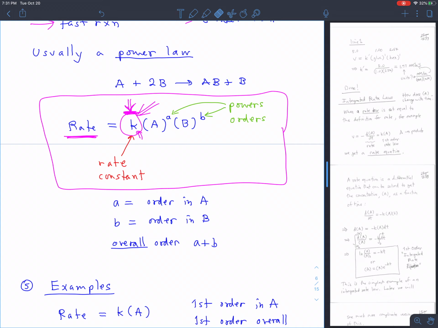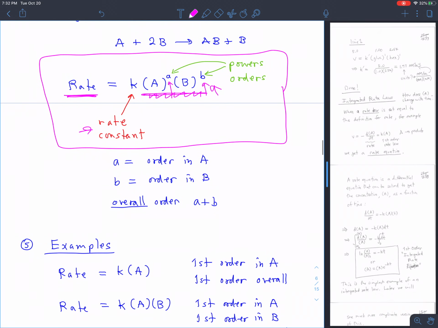But the idea is that everything that's involved, and it's usually just reactants, usually products don't appear in these rate laws, though in principle they can. However many reactants there are involved, their concentrations are raised to powers. That's a power law.